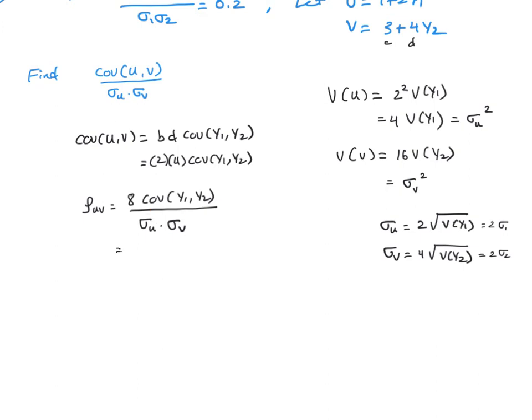So this is the same thing as the covariance of y1 y2 divided by 2 sigma 1 times 4 sigma 2. So only the constants will cancel, and this will be the covariance of y1 y2 divided by sigma 1 sigma 2, which we know is equal to rho, so the answer is the same, just 0.2.